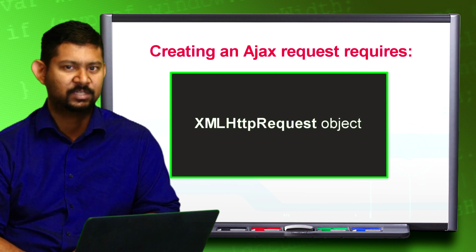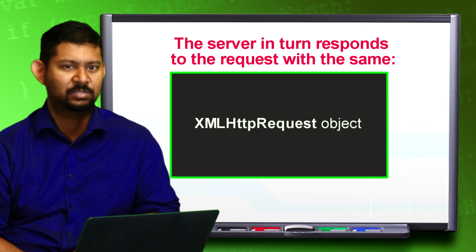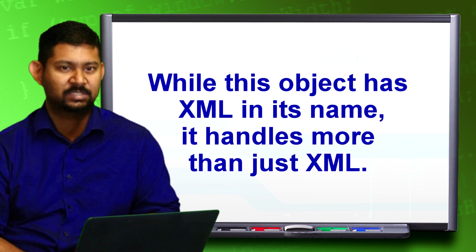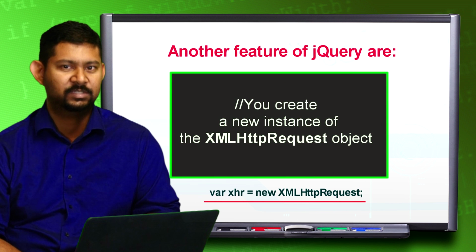Creating an Ajax request requires the XML HTTP request object. The server in turn responds to the request with the same XML HTTP request object. While this object has XML in its name, it handles more than just XML. You create a new instance of the XML HTTP request object.